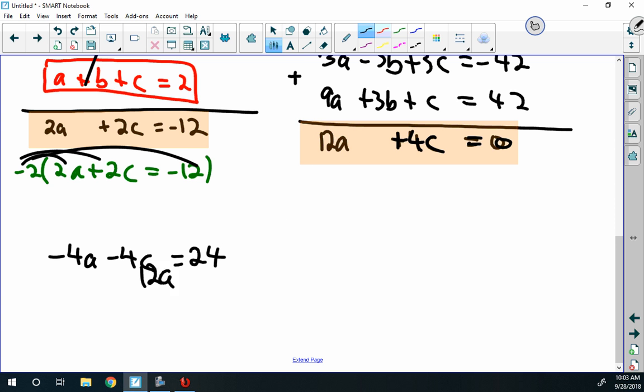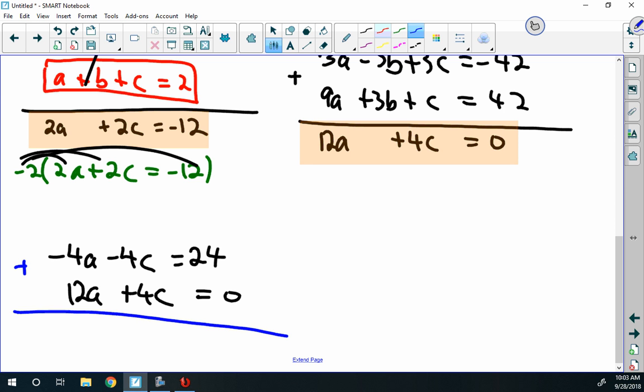So we'll go ahead and add those, and our c's go away. So we end up with 8a equals 24. We could divide by 8, and we know then that a equals how much? a equals 3. So we're one third of the way done.